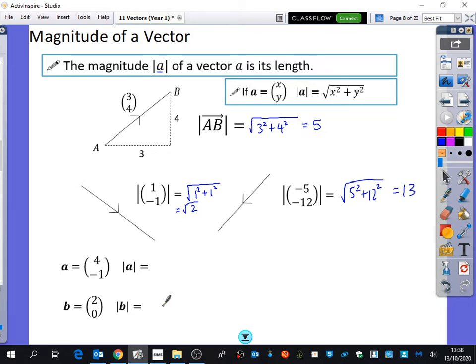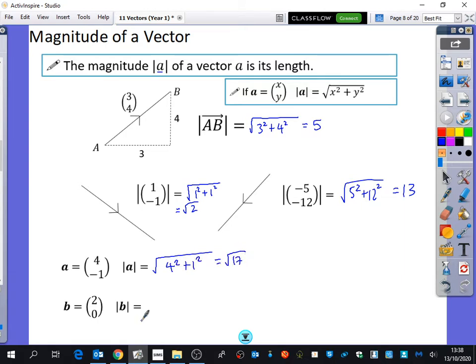So very quickly, just fill these two in as well at the bottom of the page. Okay, so this first one, we should have had the square root of 4 squared plus 1 squared, which is just root 17.